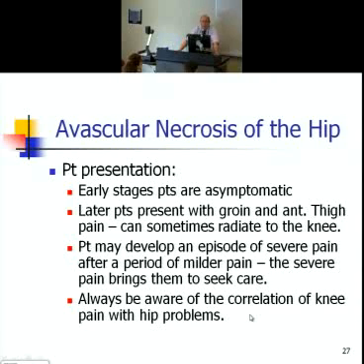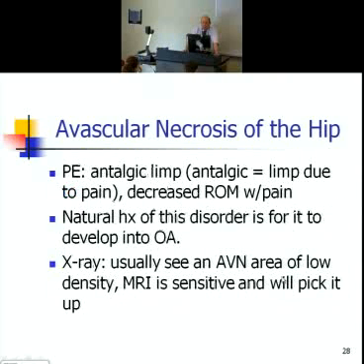He might have been, but he wasn't telling anybody about it, or he was using analgesics, don't know. But in any event, the patient may at some point develop more severe pain, and at that point seeks out some medical attention. And again, always be aware of the correlation of knee and hip problems.